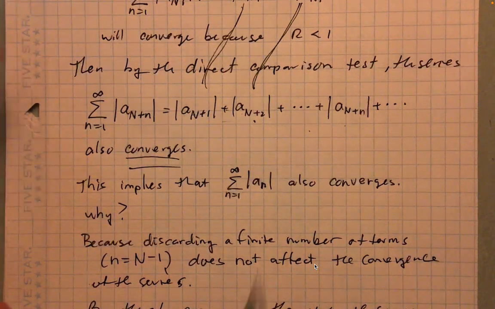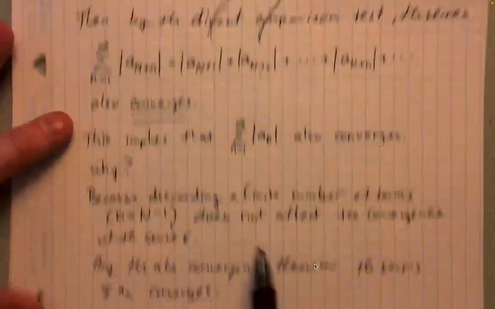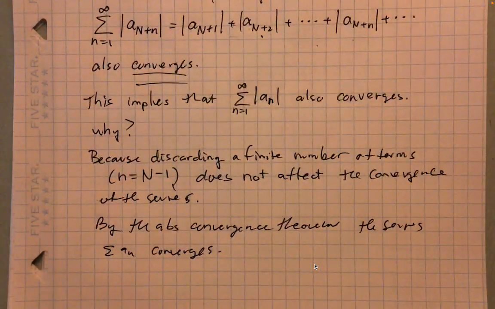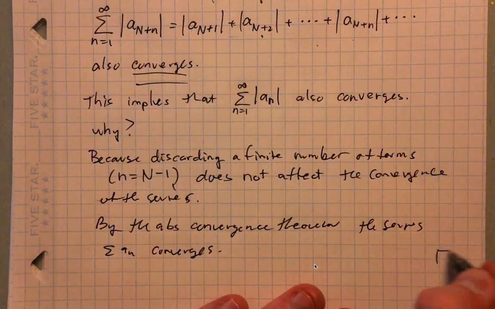If the absolute value of a series converges, the series itself must also converge. That's a fact that we established quite a ways ago, back in maybe section 4.2, the very beginning when we started talking about series. The reverse is not necessarily true. The original series converging doesn't imply that the absolute value converges, but the absolute value converging does imply that the original converges. So we've got the absolute convergence.